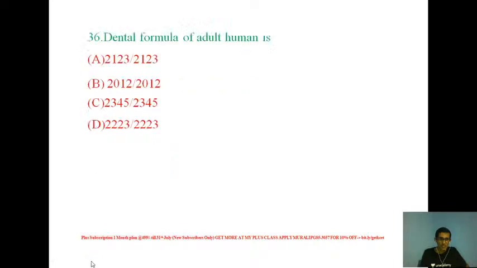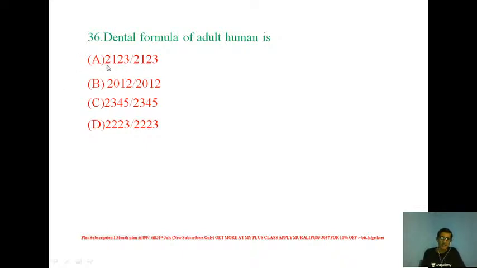Next, 36. Dental formula of adult human is: 2123/2123, 2012/2012, 2345/2345, 2223/2223. Which is the right answer? It is 2123.